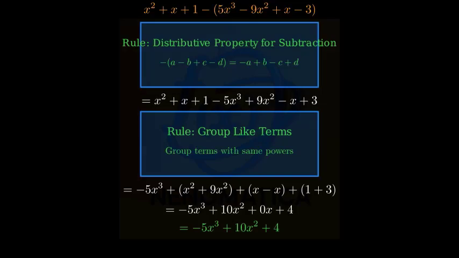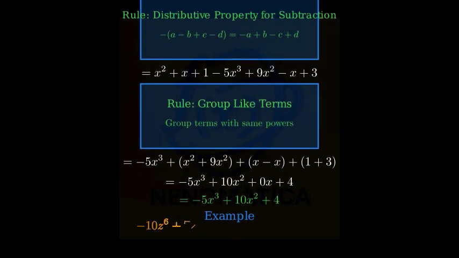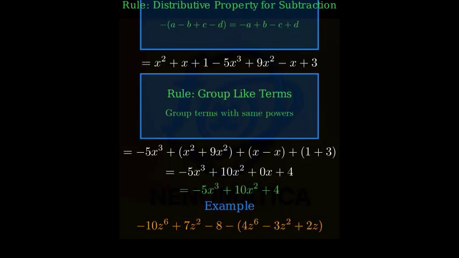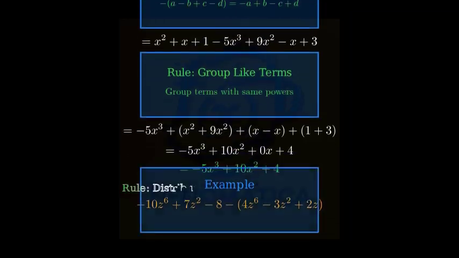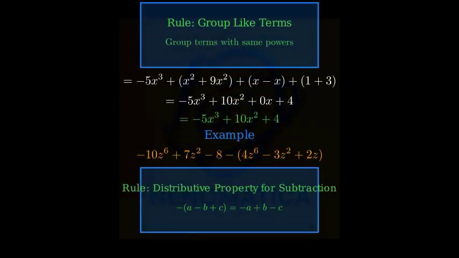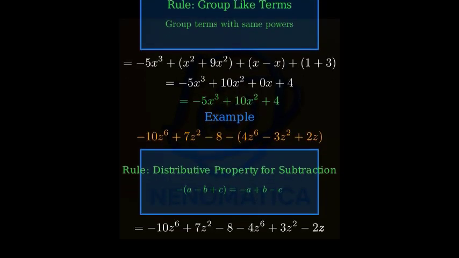Let's look at our fourth example. We have the expression negative 10z to the sixth power plus 7z squared minus 8 minus the expression 4z to the sixth power minus 3z squared plus 2z. First, we distribute the negative sign to each term in the second expression. So we have negative 10z to the sixth plus 7z squared minus 8 minus 4z to the sixth plus 3z squared minus 2z.